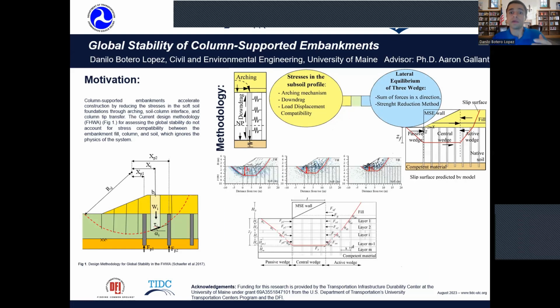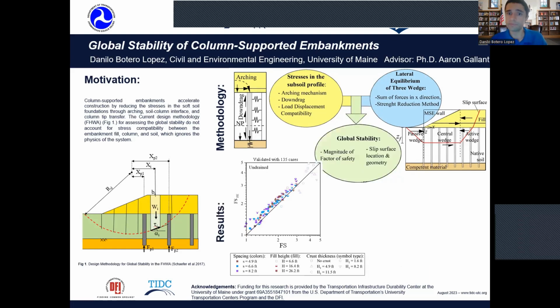So the validation is done with finite element, where we can validate first the magnitude in this plot of the factor of safety, and I'm comparing here our theoretical factor of safety versus the finite element. And you can see that for these 135 cases, we are predicting well the factor of safety. There is not much dispersion, and the comparison is very good. So this is to predict the magnitude.